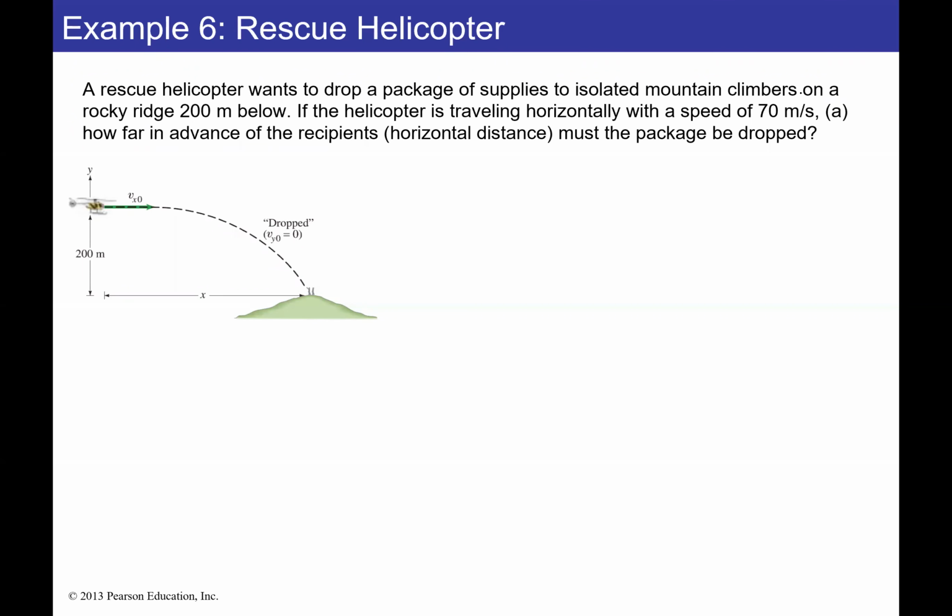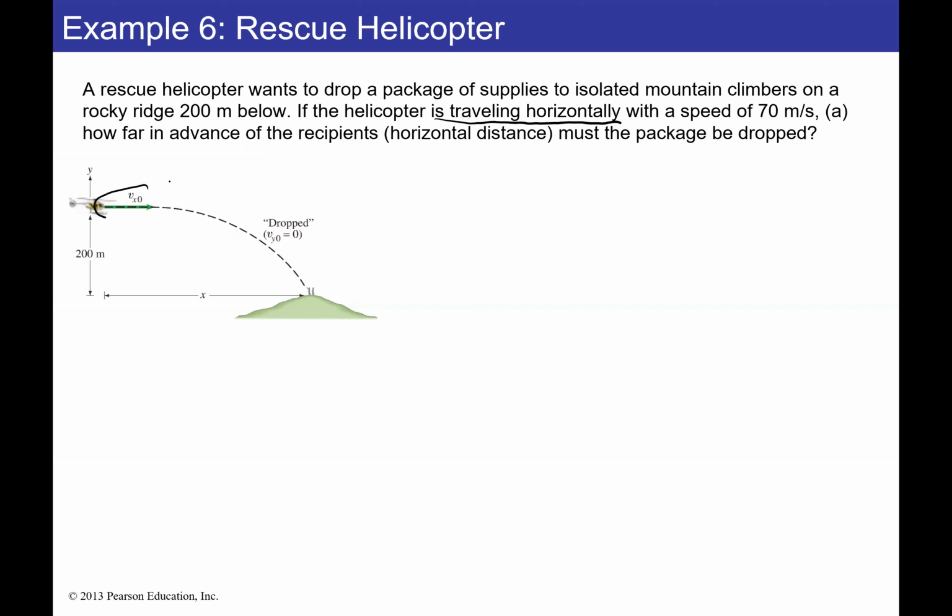All right, so let's look at what we have. What type of problem is this? Clearly it's a projectile, because you drop a package and it's basically in free fall. Also, what type of projectile problem is this? Is it launch angle 0, or with some launch angle? One thing we have here is that initially the helicopter is traveling horizontally.